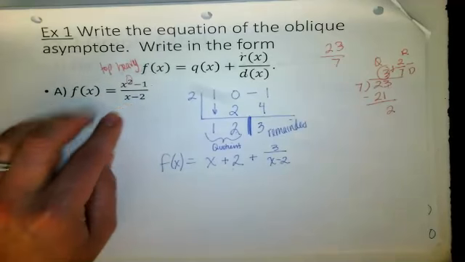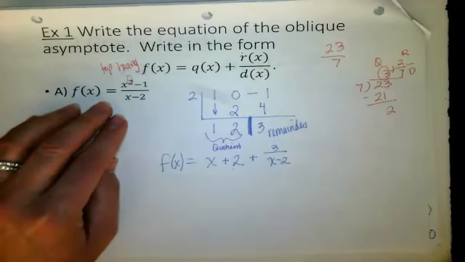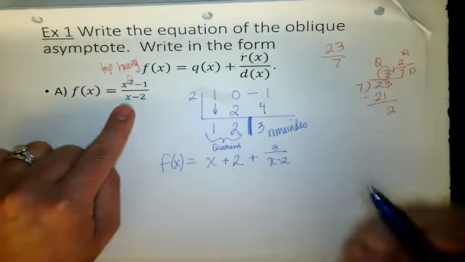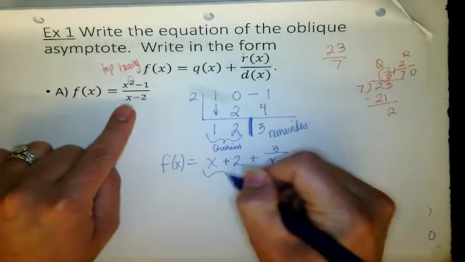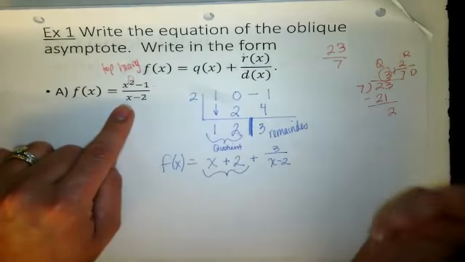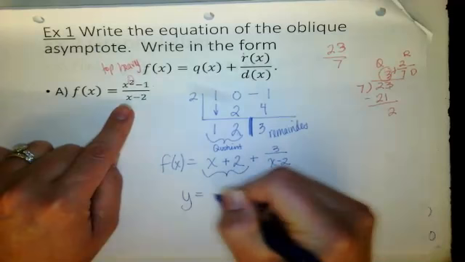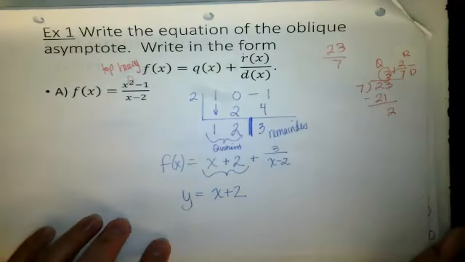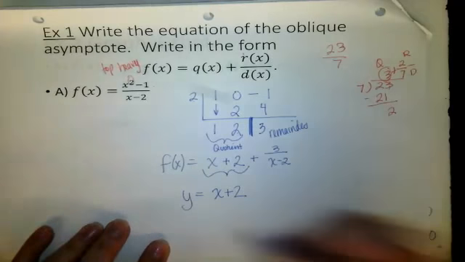So what we've done is converted this into lowest terms. This thing out in front represents that oblique asymptote. Y equals x plus 2 is that oblique or slant asymptote.